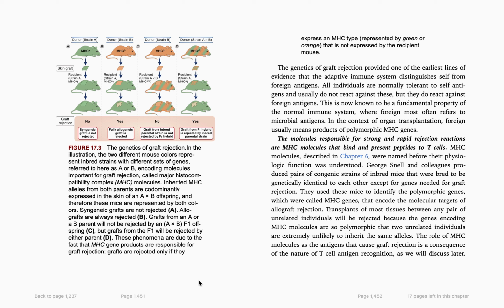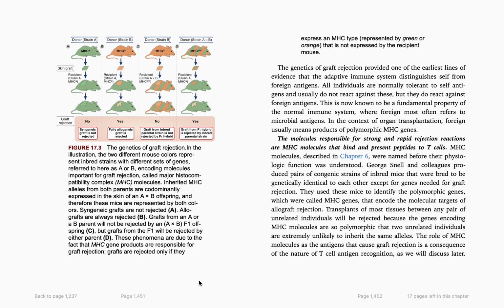The genetics of graft rejection provided one of the earliest lines of evidence that the adaptive immune system distinguishes self from foreign antigens. All individuals are normally tolerant to self-antigens and usually do not react against these, but they do react against foreign antigens.